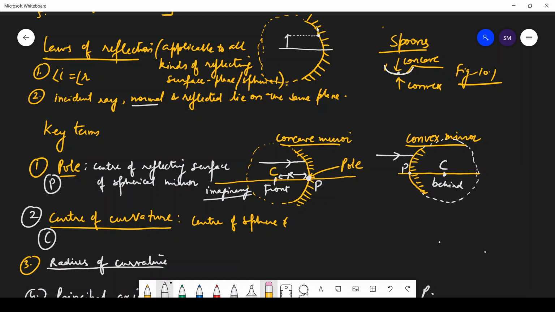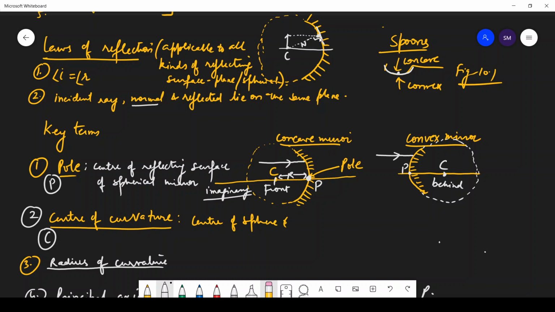First of all, you will draw the tangent at this point. And now this is your center of curvature. So join the center of curvature with this point where the ray is striking the spherical mirror. So this is your radius and this will be 90 degree. So this is your normal.